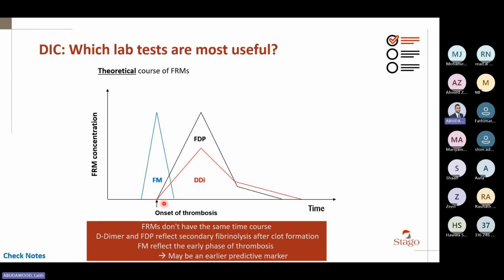So when I detect the D-dimer or the FDPs, then this means a clot at some point started. So if I measure fibrin monomers and they are very high, I know coagulation started. When I measure D-dimer and FDP and they are high, I know that the clotting happened, then fibrinolysis happened, okay? Because we have an assay for fibrin monomers, we have an assay for fibrin and fibrinogen degradation products, we have an assay for D-dimer, as you know, okay?